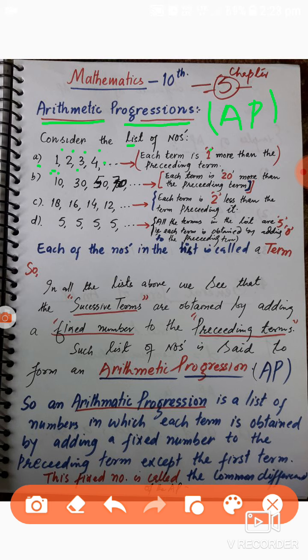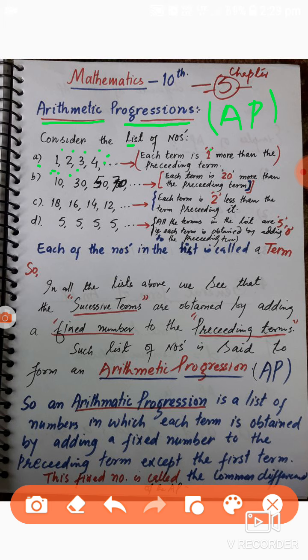That is, 2 is 1 more than 1, 3 is 1 more than 2, and 4 is 1 more than 3. So each term in the list is obtained by adding 1 to the preceding term. 3 can be obtained by adding 1 to the second term. Similarly, the fourth term can be obtained by adding 1 to the preceding term, and so on.